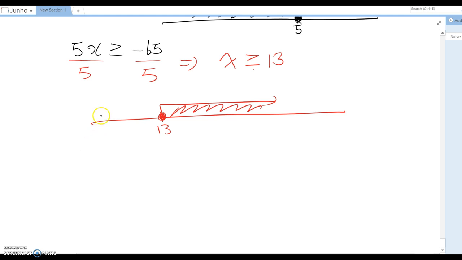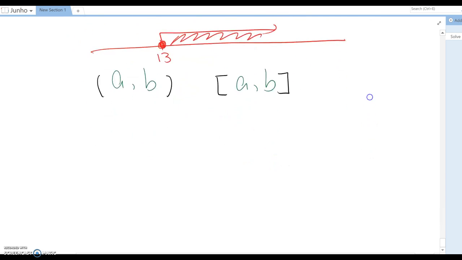In interval notation, we use parentheses or brackets. So if we have a and b here, then parentheses mean x is between a and b, and brackets mean x is between a and b but inclusive. Whenever you are using interval notation, you have to write the minimum value and then the maximum value.